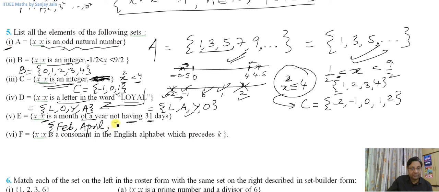Then after that I'll have June, and after that I'll have September. After that I'll have November.